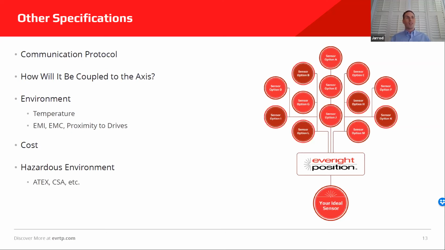The last thing you want to think about also is cost. What's the best encoder based on your budget? Encoders can cross many orders of magnitude in terms of cost. And that's one of the things that at Everett we really strive to do, is to understand not only somebody's needs, but their budget, and find that best option.